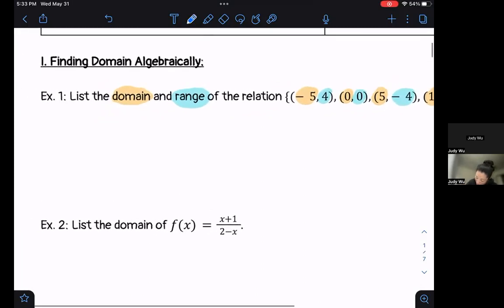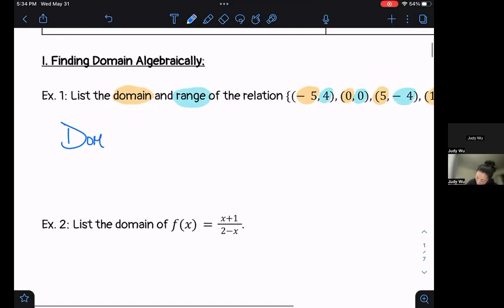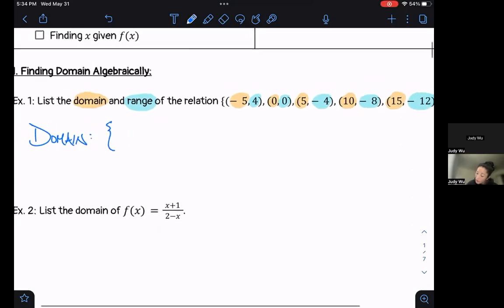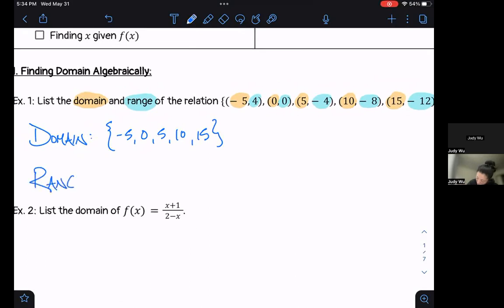And just as a reminder, if we wanted to write our domain, we would have squiggly braces, and then we would list all of these numbers in orange from smallest to biggest. So -5, 0, 5, 10, and 15. That would be the domain. And the range would be all the blue numbers, again in order from smallest to biggest.